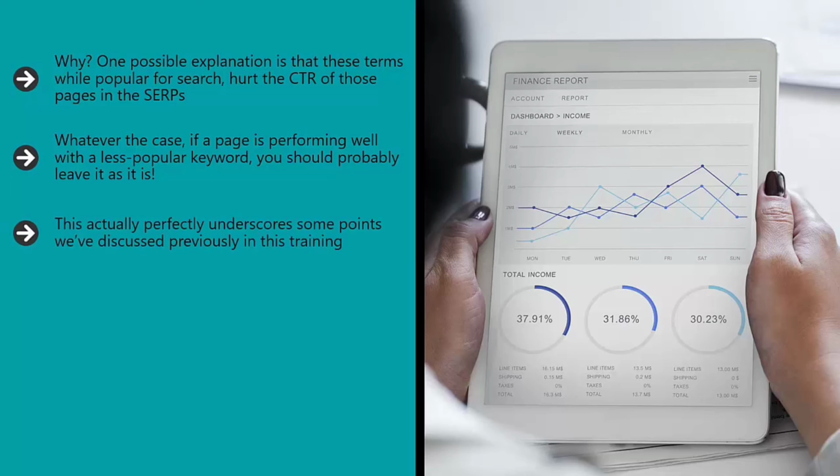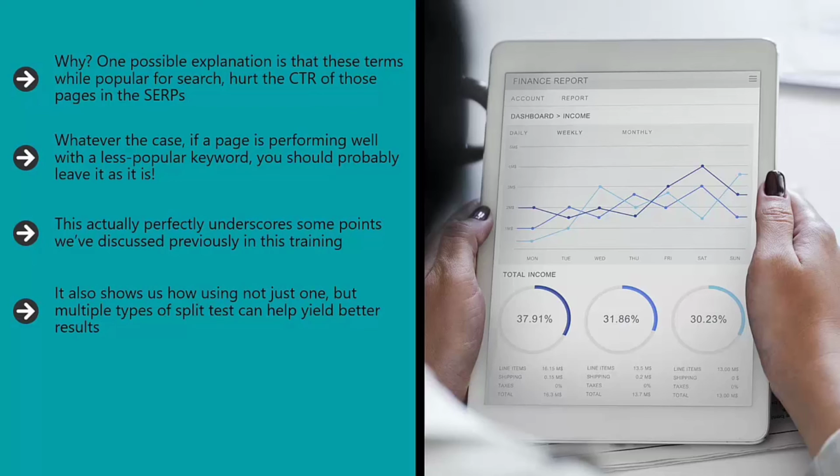This actually perfectly underscores some points we've discussed previously in this training. For one, the multivariable nature of SEO in Google's algorithms means that while a recommendation might sound good on paper, it doesn't always translate in the real world, especially now that Google pays close attention to signals from users, such as bounce rate and CTR. It also shows us how using not just one, but multiple types of split tests can help yield better results.